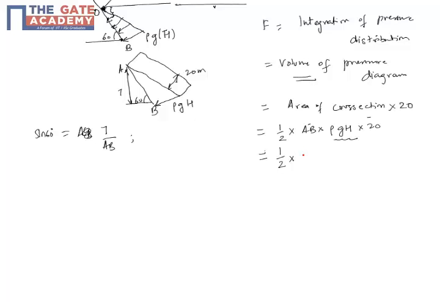Half AB, and AB we have already got as 7 by sine 60, into rho g h. Rho is 10 power 3, g is 9.81, and h is the total height, that is 7, into 20. If you compute this with the help of a calculator, you get 5550.53 kilonewton.